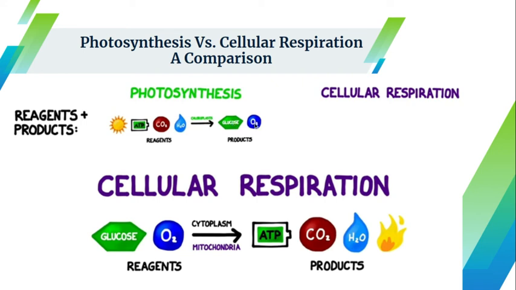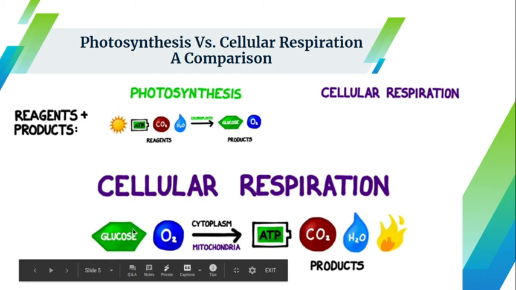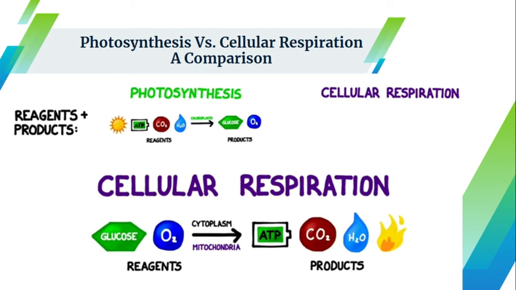Those are the products of photosynthesis. Notice the opposite is true for cellular respiration. For cellular respiration, we take these products and that becomes the reactants of cellular respiration. For cellular respiration, you need glucose and oxygen.